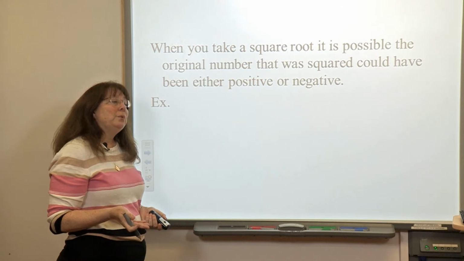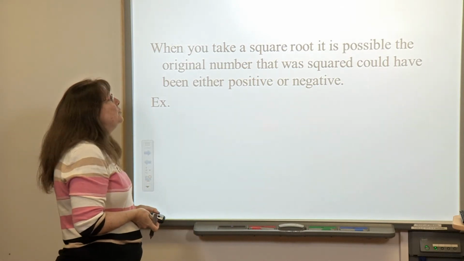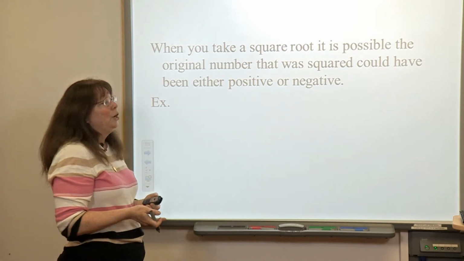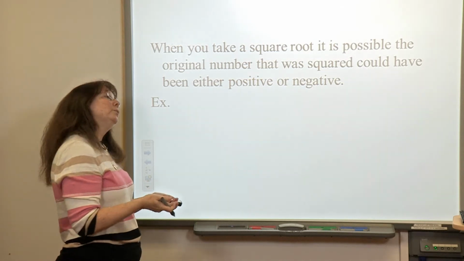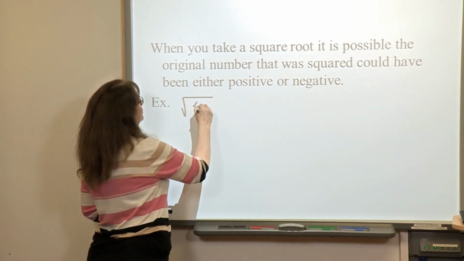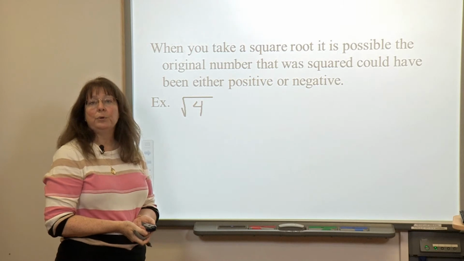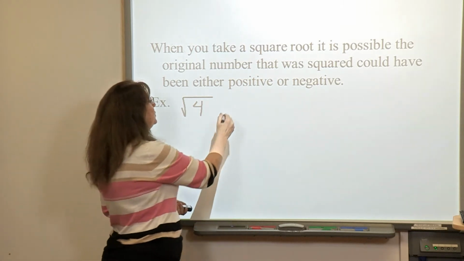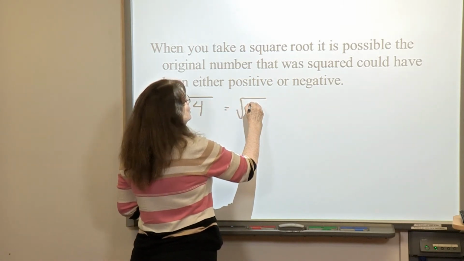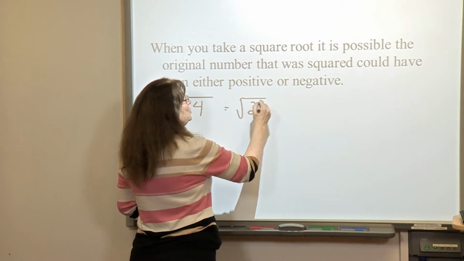Once you take a square root, one of the things that's possible is that the original number that you squared could have come from either a positive value or a negative value. For example, let's look at the square root of 4. I could think of the square root of 4 as being the square root of 2 squared.